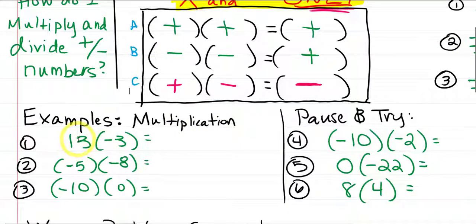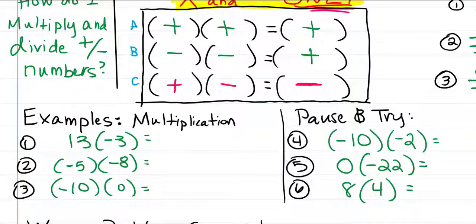So in example number 1, a positive number, 13, is being multiplied with a negative number. Is that going to be a situation like the example for A, where they're both positive, B, where they're both negative, or C, where one is positive and one is negative? If you said C, you were correct.